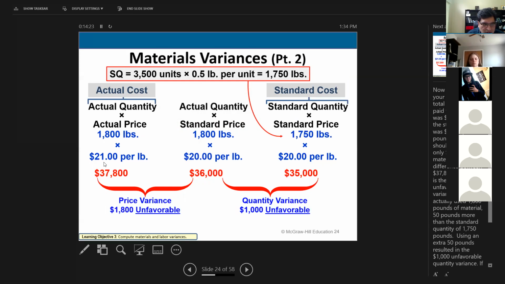Why? Your actual price is more than the standard price by $1. Same thing here. The standard quantity allowed is 1750. Actual quantity used was 1800, so you used more than what was allowed. That's why the variance is unfavorable.